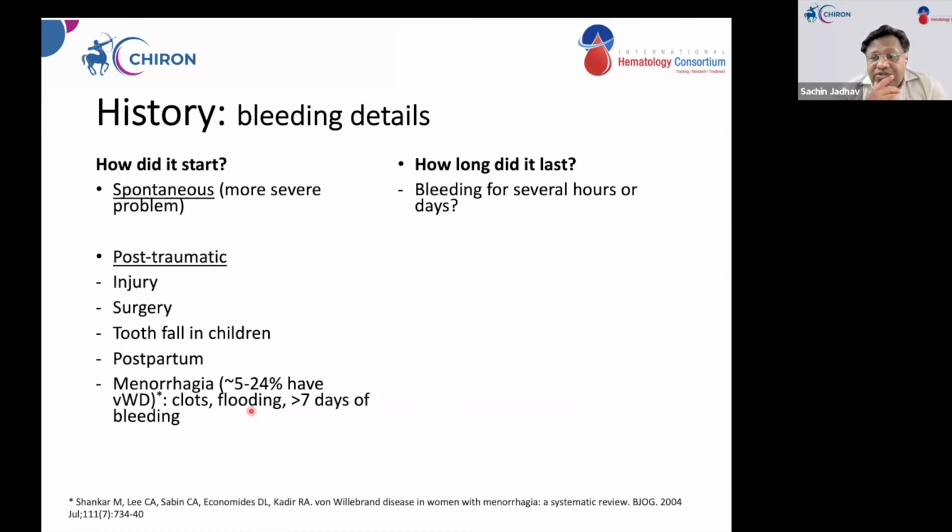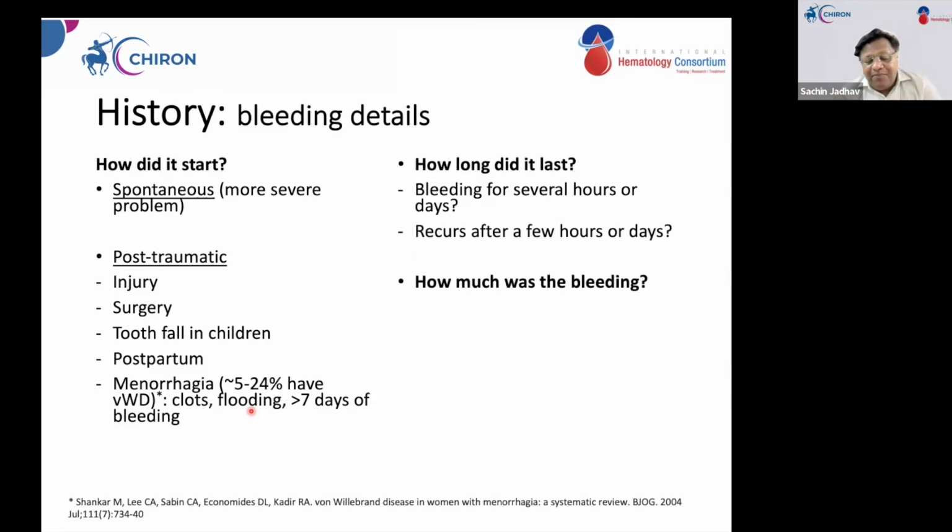You're then going to ask, all right, so you had epistaxis, etc., and how long did it last? Did the bleeding go on for many hours or days, or after a few minutes it stopped? Sometimes it stops and then it recurs, which is again a very important thing, because it means that there may be a problem with clot stability.